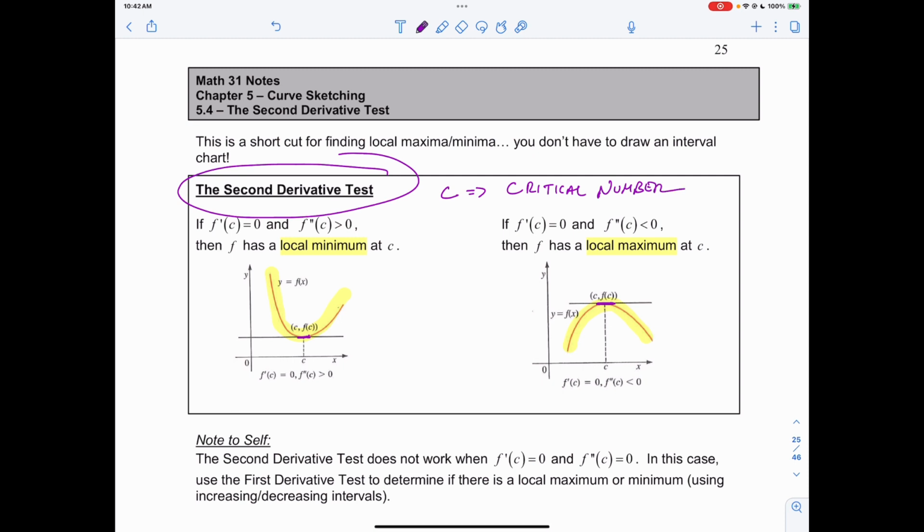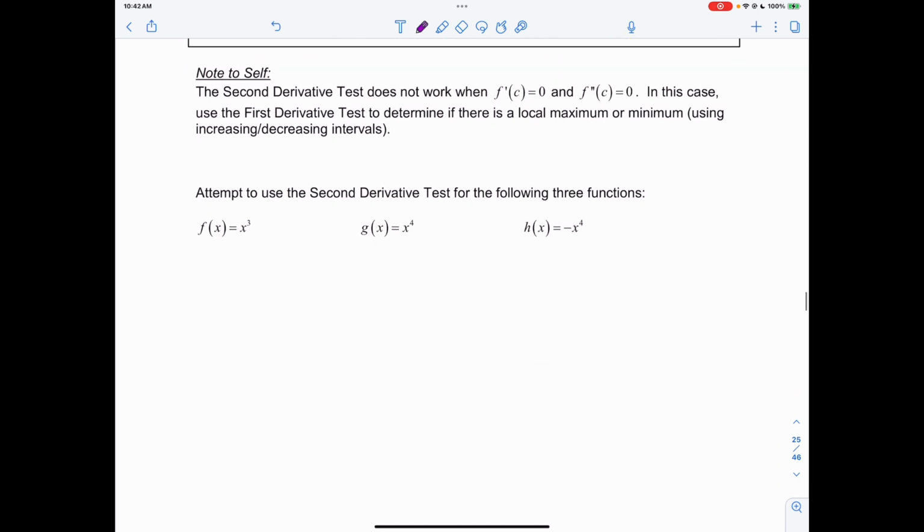So this is just another shortcut that we can use. The second derivative test does not work when both the first derivative and second derivative are equal to 0. Then we'd have to fully use the first derivative test to determine if there's a local maximum or local minimum using increasing and decreasing values.